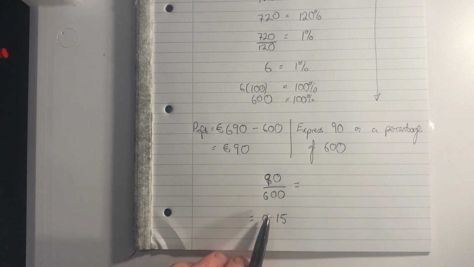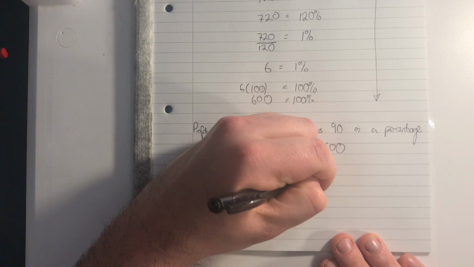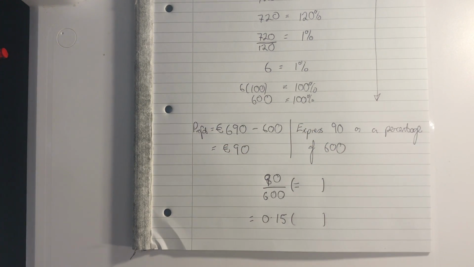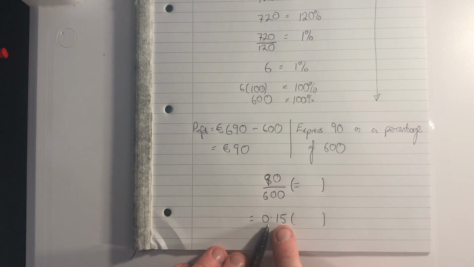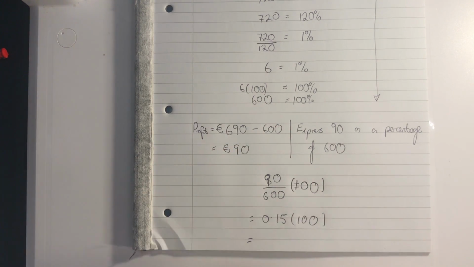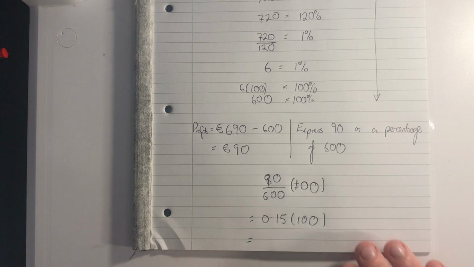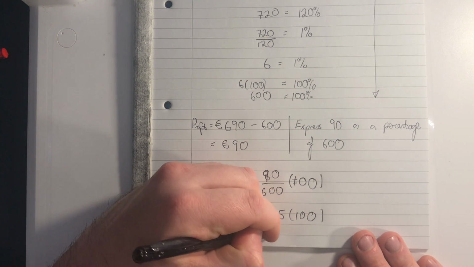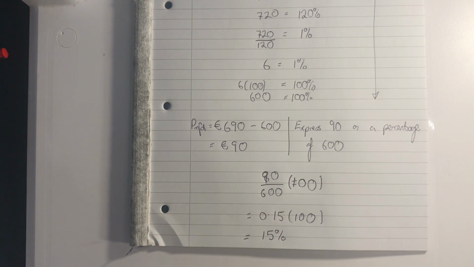And then how do we turn this fraction or this decimal into a percentage? What do I have to multiply it by? Yeah, so to turn a fraction or a decimal into a percentage, we multiply it by 100. So that's going to equal 15%. So they would make 15% profit if they sold the TVs for €690.